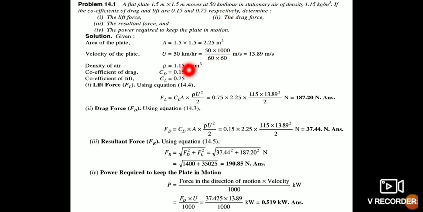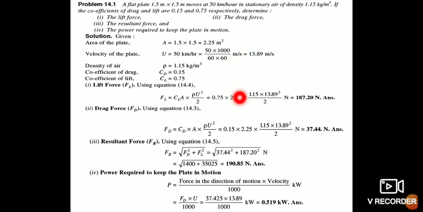So 50 kilometer per hour is equal to 50 into 1000 divided by 3600, 60 into 60, and it becomes 13.89 meter per second. Remember, always use SI units. Density is already given in SI units: rho is equal to 1.15 kg per meter cube, the drag coefficient is 0.15 and the lift coefficient is 0.75.